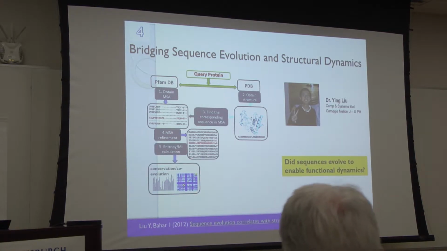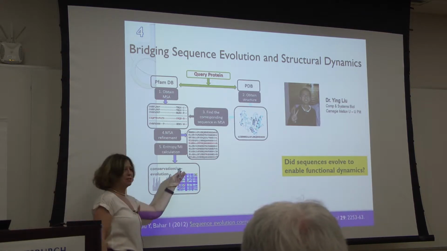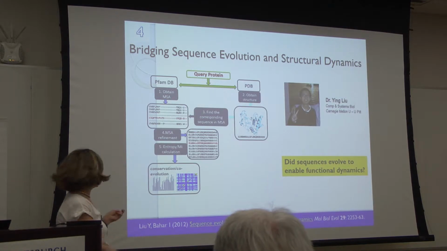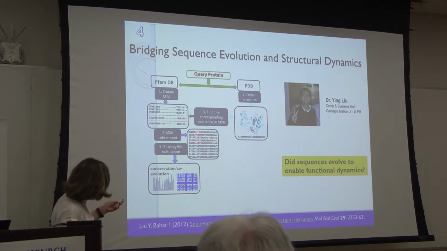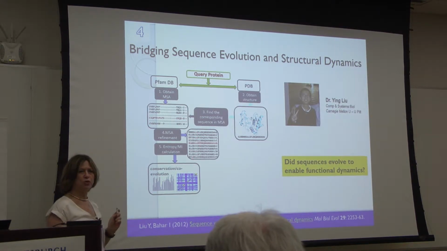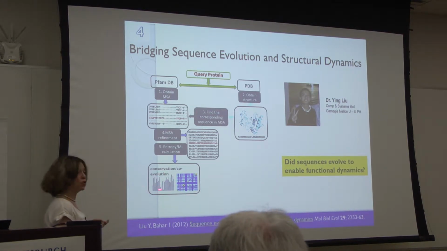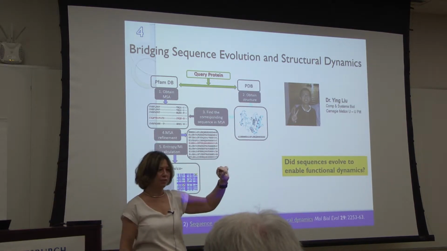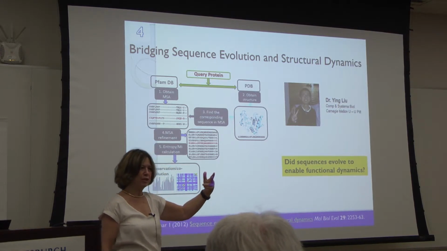And then by examining this multiple sequence alignment, we can make predictions, as I will explain. You can see which particular column is conserved. So you can obtain conservation profiles as a function of residue index. Or you can see which particular pairs of columns co-evolve. They change in a correlated way.